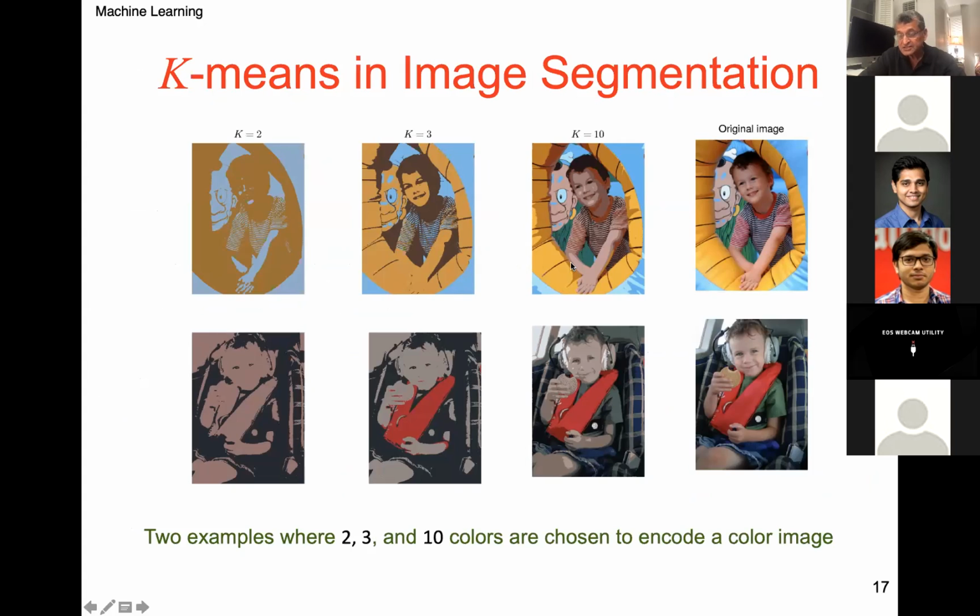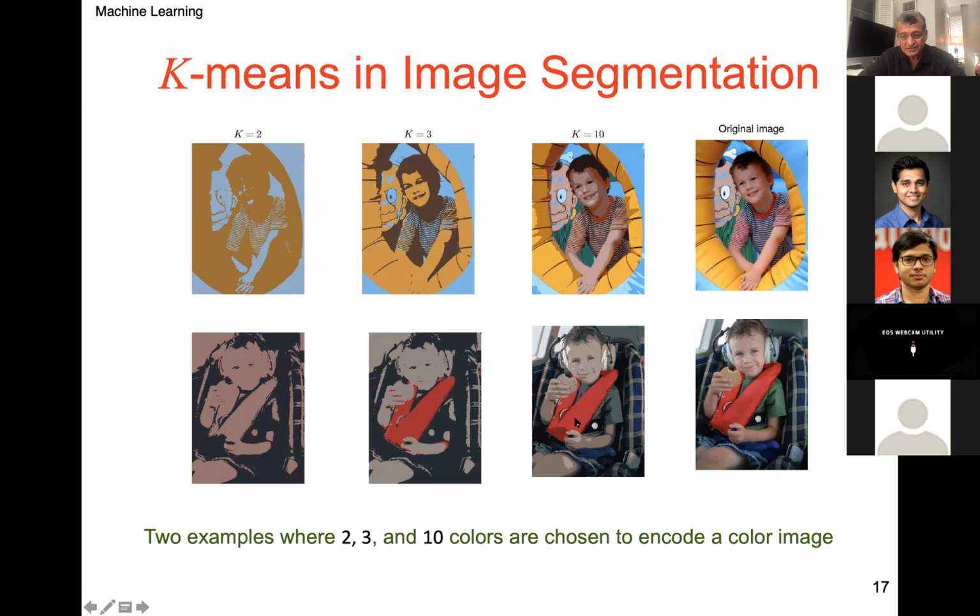K-means, such a simple algorithm, can be quickly used for image segmentation, which seems like a very powerful use. But the disadvantage here is that it is treating every pixel as an independent entity. It is not using the fact that neighboring pixels have some dependence on each other, which ought to be taken into account. But here it looks pretty good.